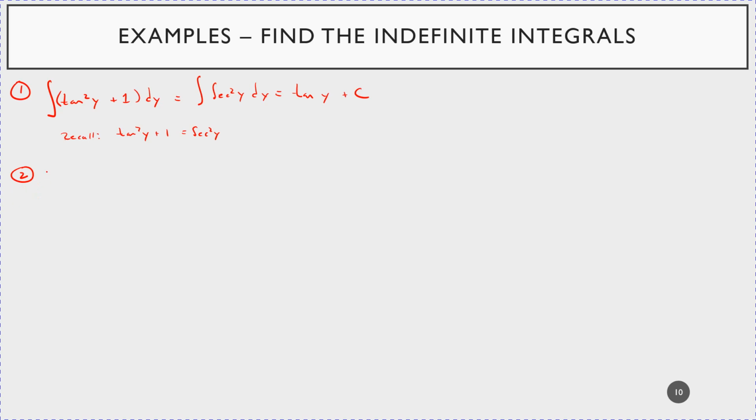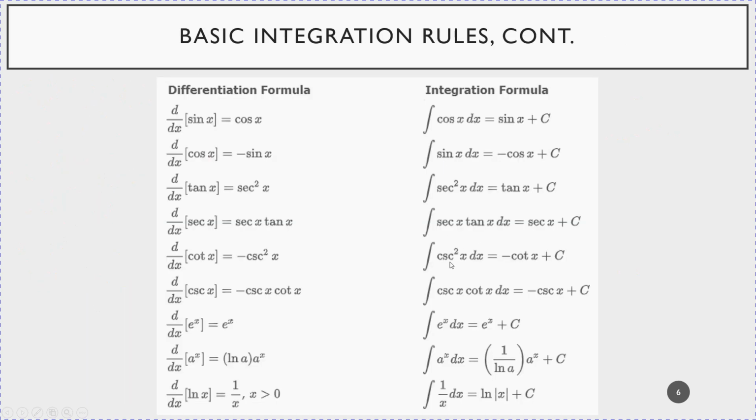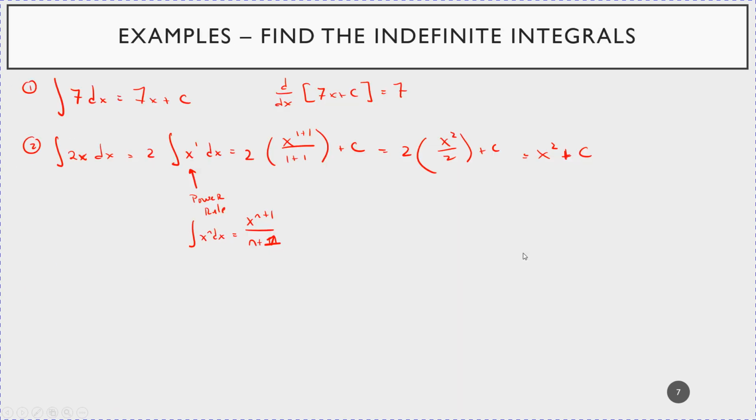All right, let's try this one. Let's integrate cosecant squared of x minus 5 e to the x dx. All right, so let's just take it term by term. Cosecant squared of x right here, that's going to integrate as negative cotangent of x.